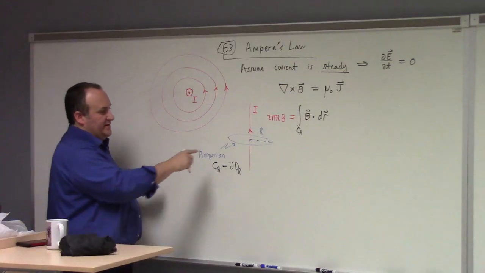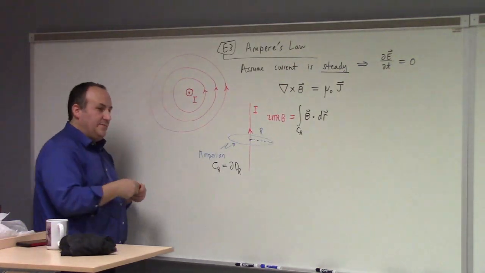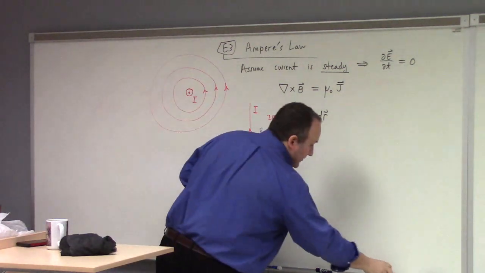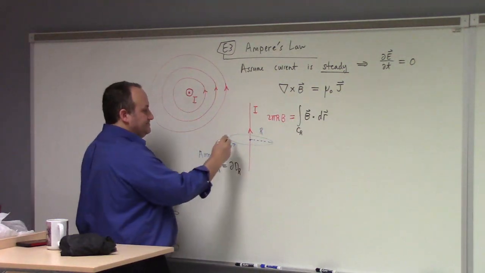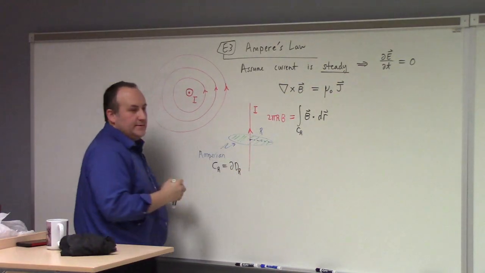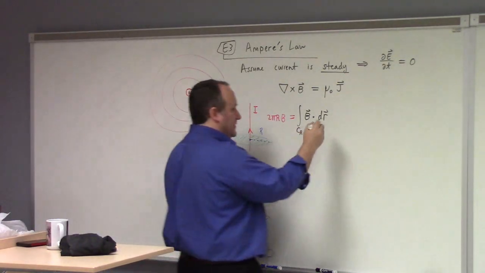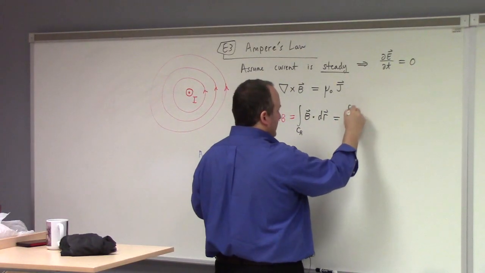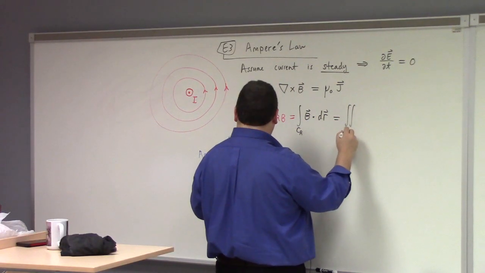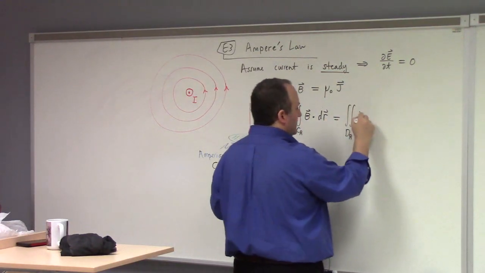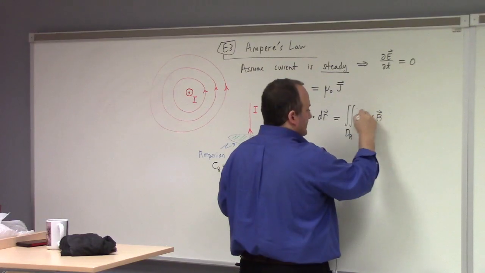We know that this Amperian loop we can view as the boundary of a disk of radius r. We can look at this bounding disk right here, and we can use Stokes' theorem. So this is the double integral over the disk of radius r of the curl of the magnetic field.